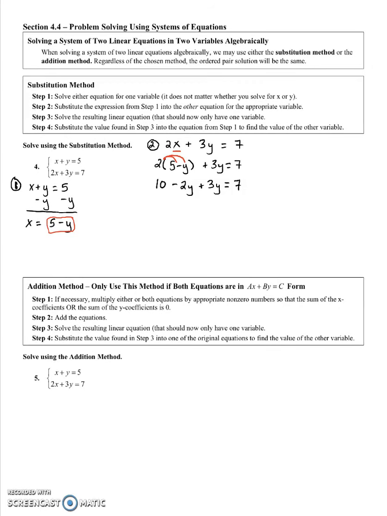Now we combine our like terms, negative 2y and 3y. So we have 10, and negative 2 plus 3 is a positive 1y, and that equals 7. The last step in solving for y is to subtract 10 from both sides. When we do that, we get y equals negative 3.